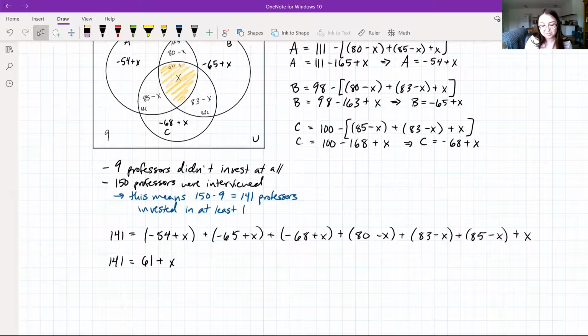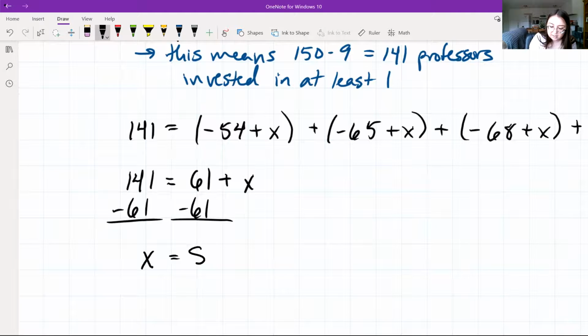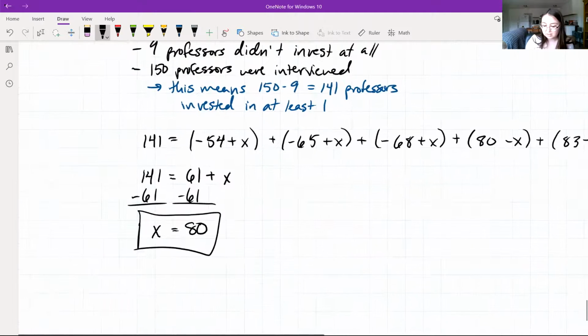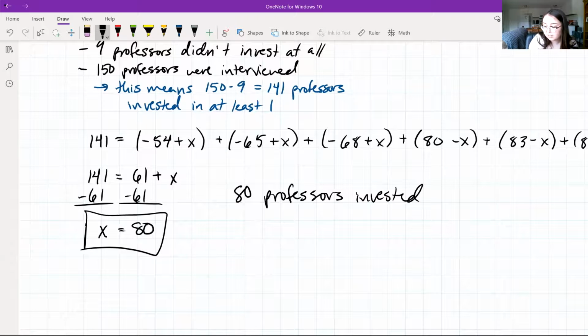Now all we have to do is solve. So we subtract 61 on both sides, and we get that x is equal to 80. So we know 80 professors invested in all three.